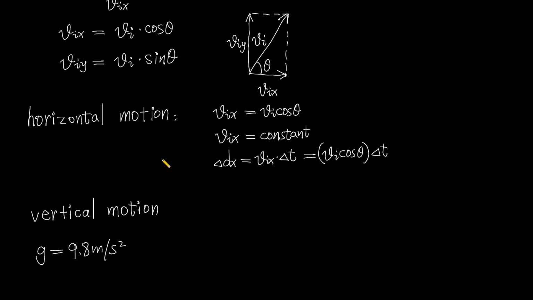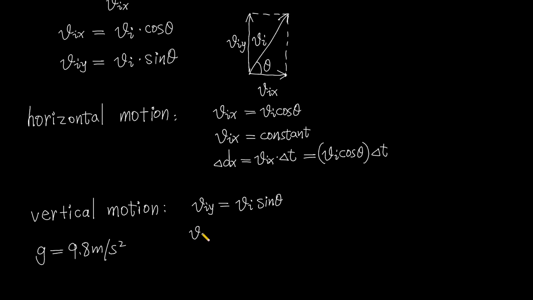And now for the vertical motion, the initial vertical velocity Viy just equals the initial velocity multiplied by sine theta. And we have this one.